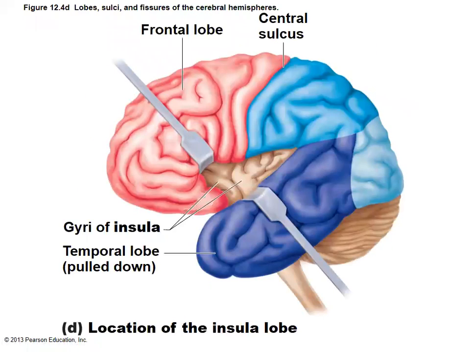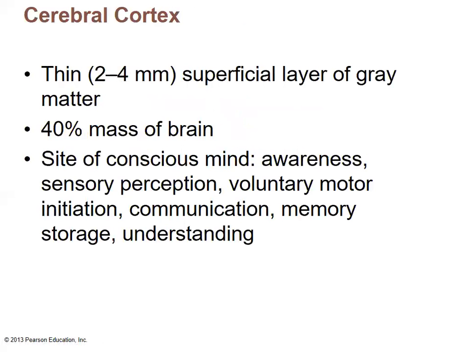There are 3 types of functional areas that we're going to look at from the brain. These functional areas are located within the cerebral cortex. The cerebral cortex makes up about 40% of the brain, and it's the location of our conscious mind. So where we're aware of what's around us, things that are going on within our body, our sensory perception, our voluntary motor initiation, or deciding to move our muscles, our ability to communicate.